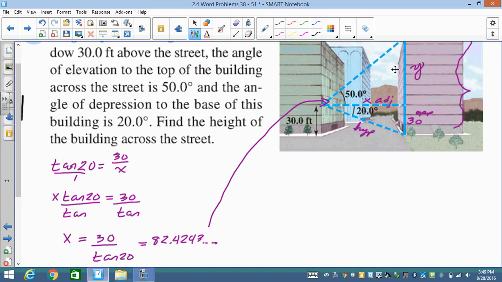So this time it's still tangent, but we're going to use the 50-degree angle. So we're going to tangent of 50 equals the opposite. So now, again, this is still opposite. So y over this amount. I'm going to put the 82 point something, but I have to grab this off the calculator.